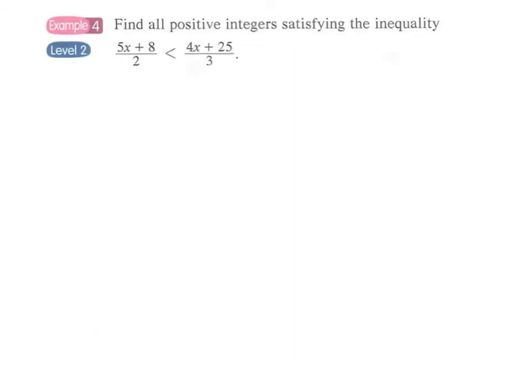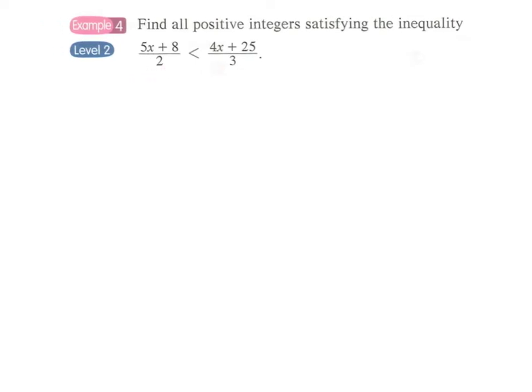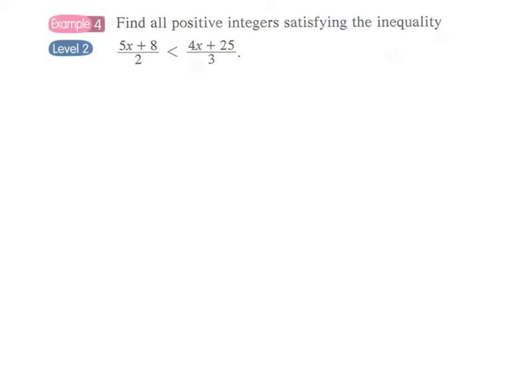Okay, example number 4. Since we have two fractions here, we simply do something to remove both denominators. That is, we can multiply both sides by the LCM of all the denominators, which is 6.